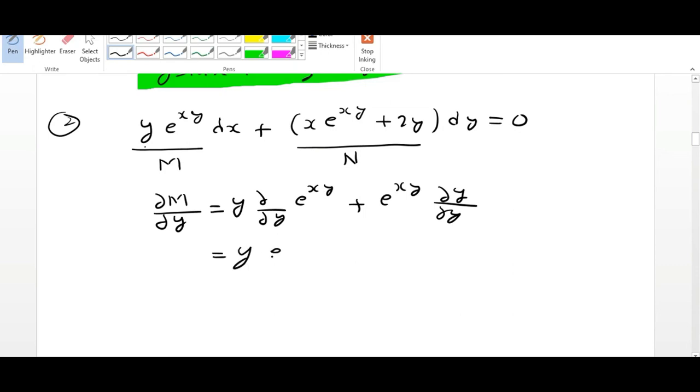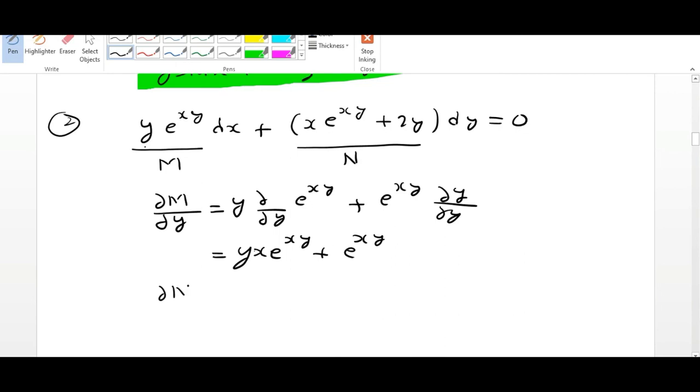So first the derivative of exponential will be the same, e raised to power xy. Then we take the partial derivative of xy, treating x as a constant. So it comes to be x, derivative of y will be 1. And from here you also get e raised to power xy.